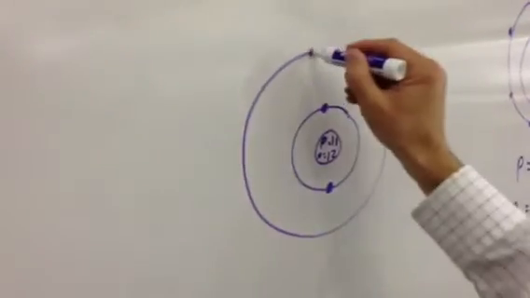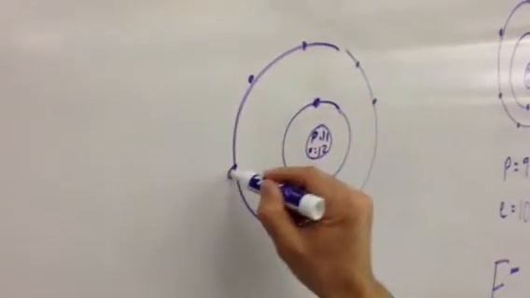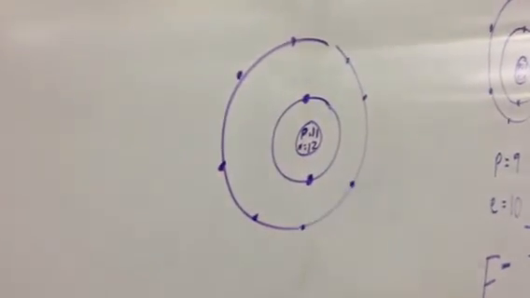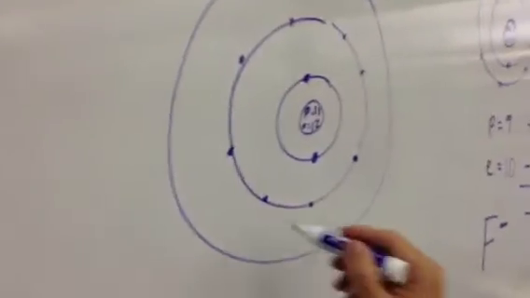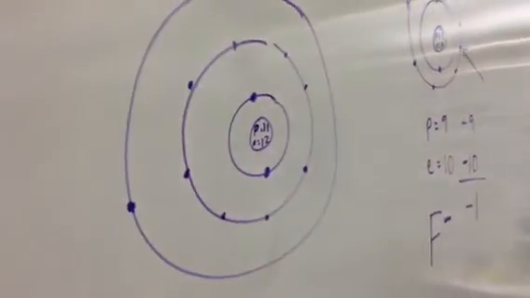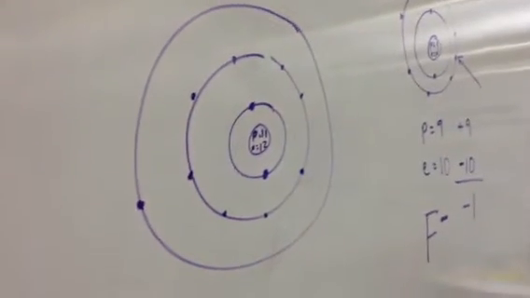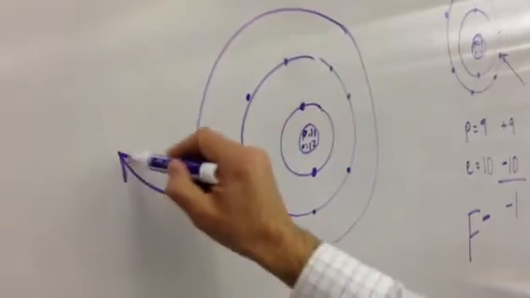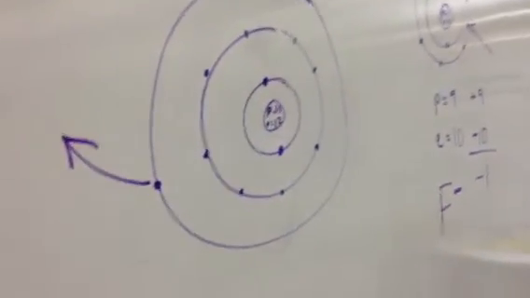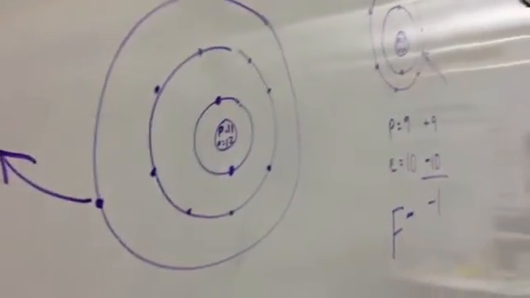So we've got 2 there, then 1, 2, 3, 4, 5, 6, 7, 8 electrons there, and then it's just going to have 1 electron on the outer shell, right? So that 1 outer shell electron. So what that means is sodium tends to lose that electron, and it could actually go to the fluorine that we were looking at earlier.